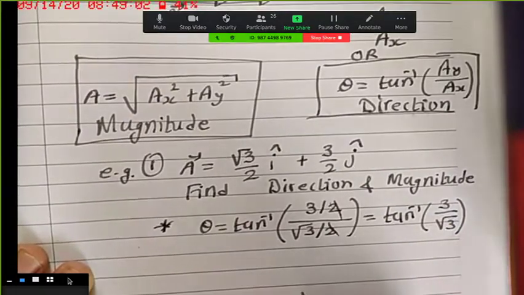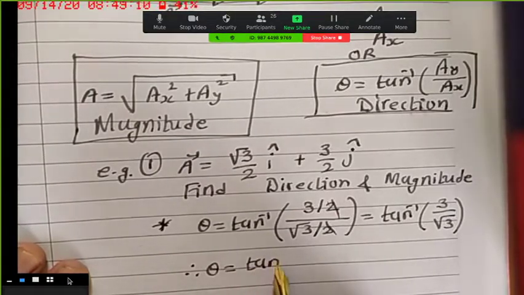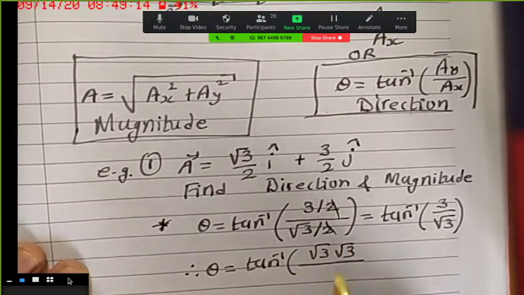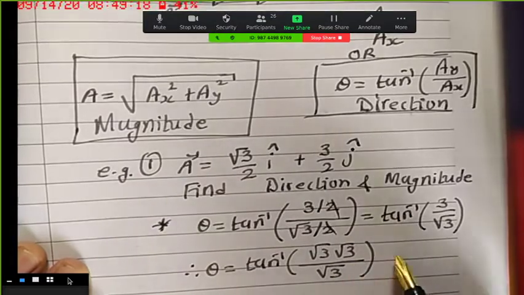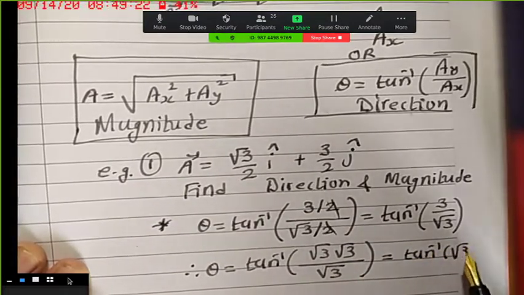What will we do next? Rationalize. Sir, instead of 3 we can write root 3 into root 3. So tan inverse of root 3 into root 3, that becomes 3, and here we already have root 3. So this is equal to tan inverse root 3.